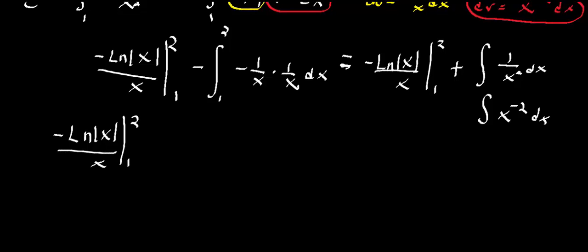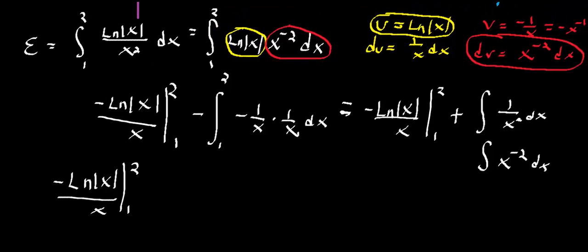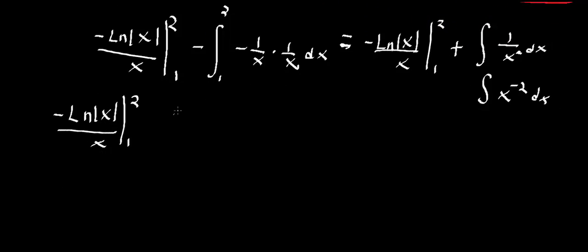We actually already solved what that was. It's negative 1 over x. So this is going to be subtracting 1 over x, and that's going to be evaluated from 1 to 2.